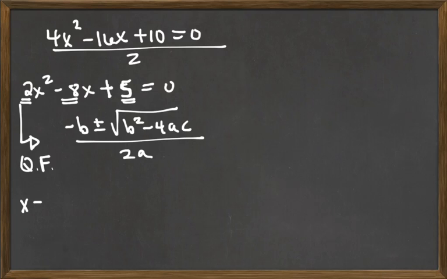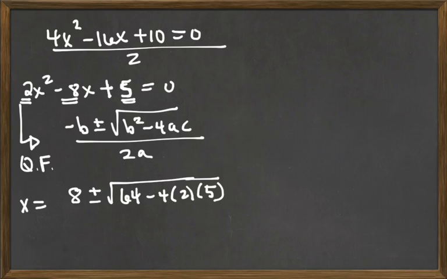So x is going to be equal to positive 8, because that's the negative of negative 8, plus or minus the square root of 64, that's negative 8 squared, minus 4 times 2 times 5, all over 2 times 2. All right, let's see if we can simplify this expression now. So we're going to try to simplify the inside.